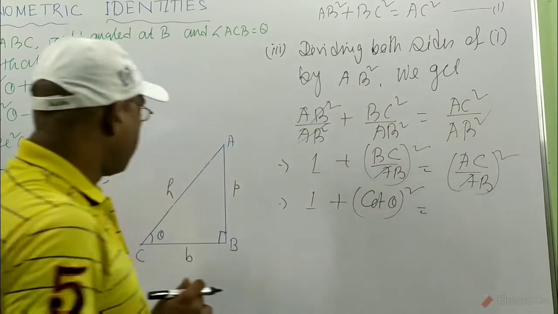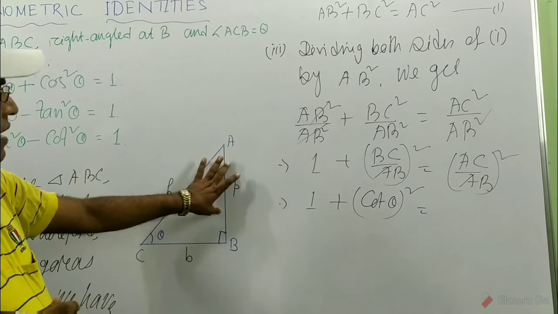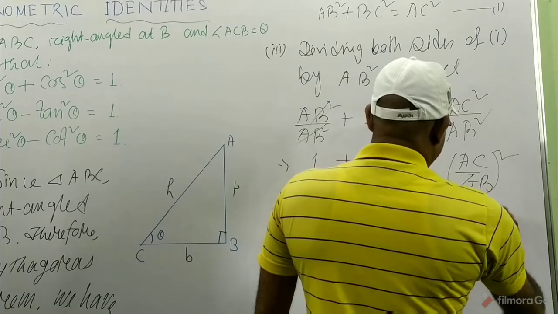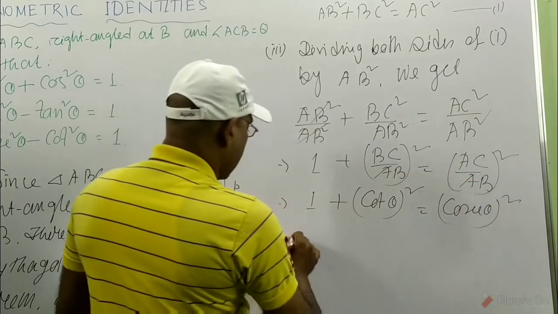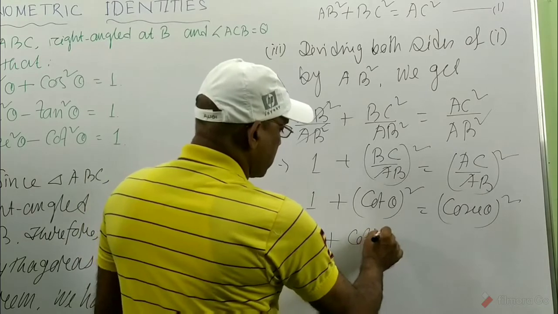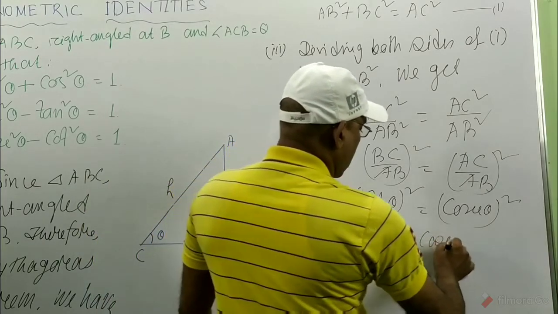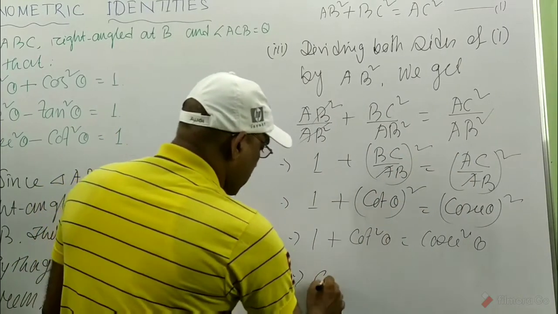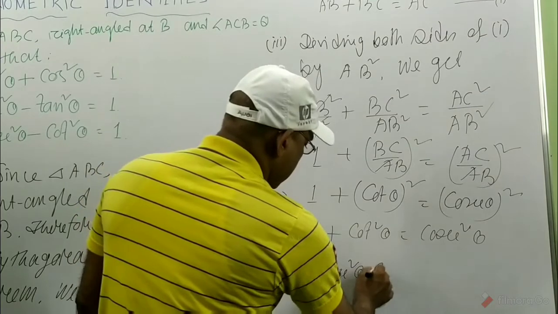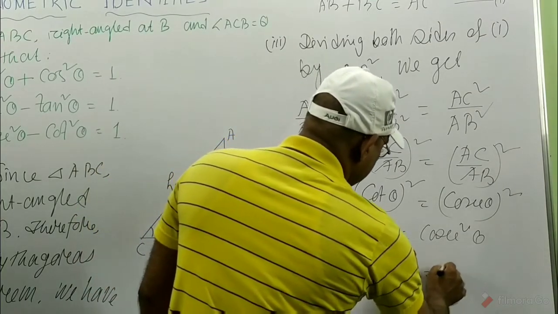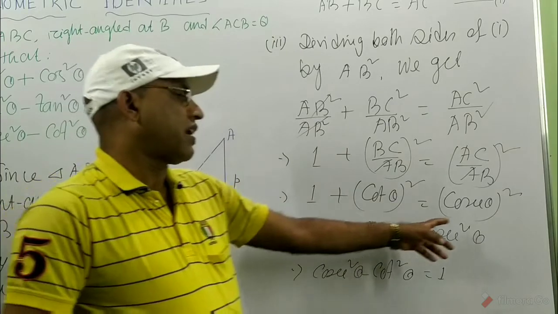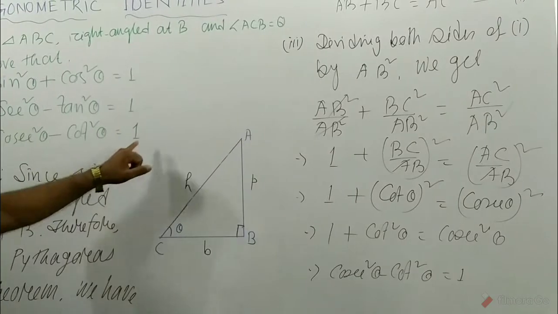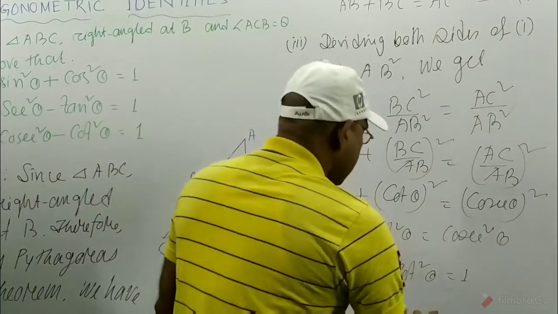AC by AB is hypotenuse by perpendicular, this is cosec theta. So we get 1 plus cot square theta equal to cosec square theta, and taking cot square on the right hand side, cosec square theta minus cot square theta equal to 1. So this is our proof. Hence proved.